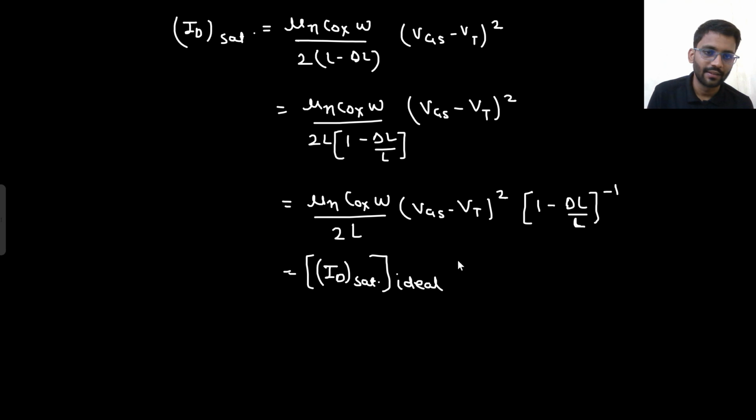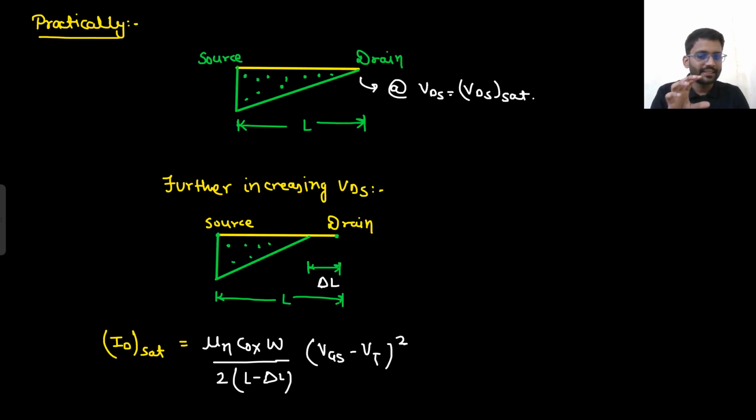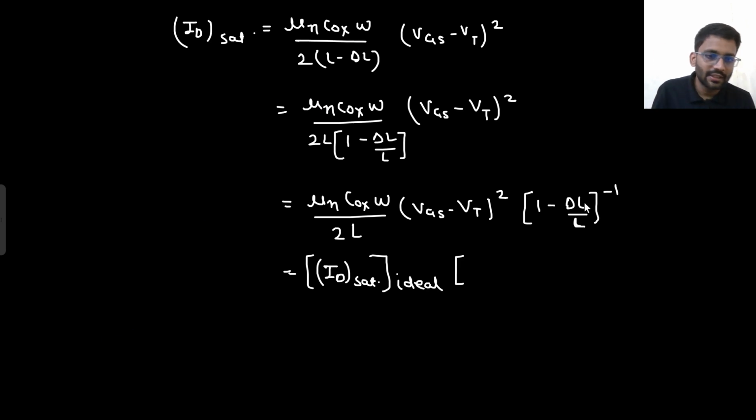Now look, this channel length is reduced, but this delta L is very less. I am saying that the channel length is reduced, but delta is not that much large. So this complete portion will also be very less. So one approximation, you know, that 1 minus x to the power minus 1 can be approximated to 1 plus x, right?